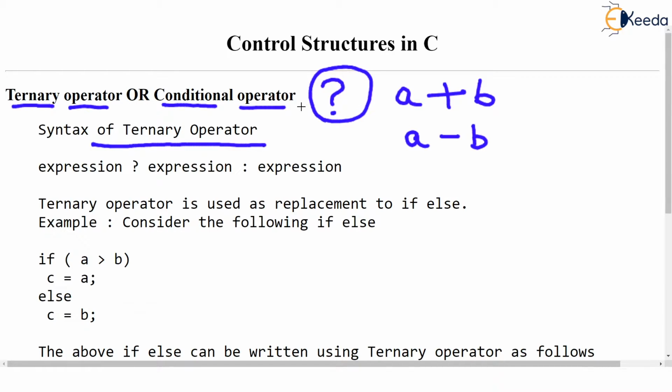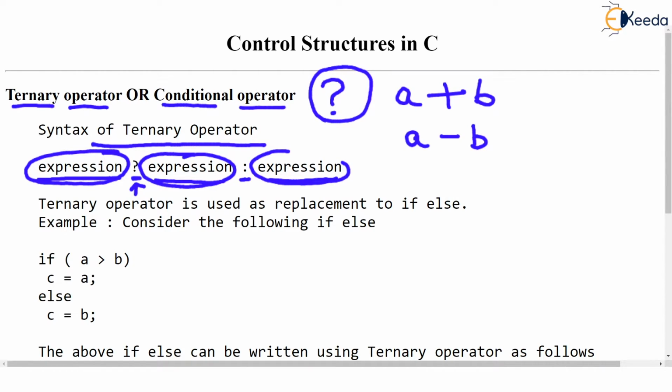We have some expression over here which is followed by a question mark, our operator. This is called the ternary operator, followed by an expression, then a colon character and an expression. Clearly observe expression 1, expression 2 and expression 3. So this question mark operator is associated with three operands. That's why it is given the name ternary operator.